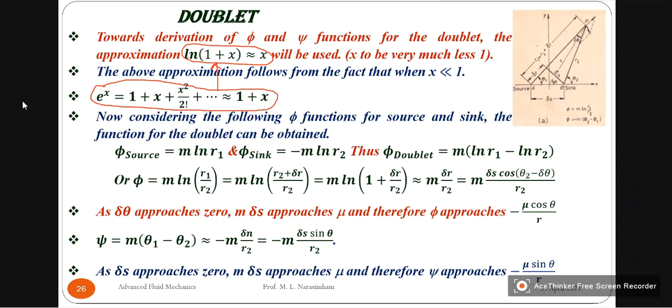So we will use this, log of 1 plus x is equal to x. This is what we are going to use in our present derivation.